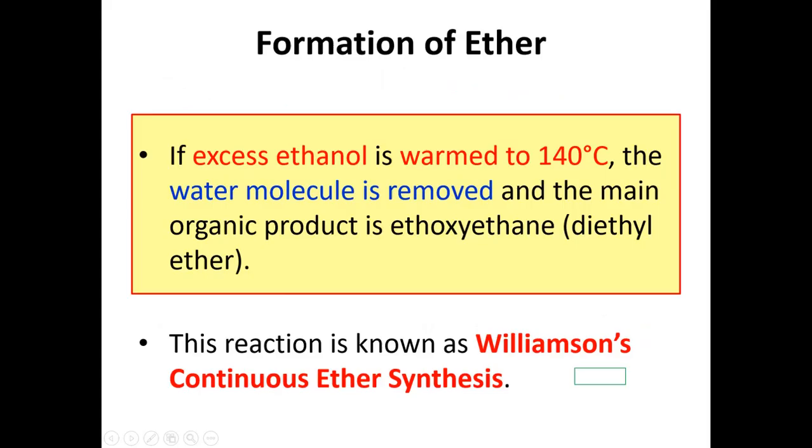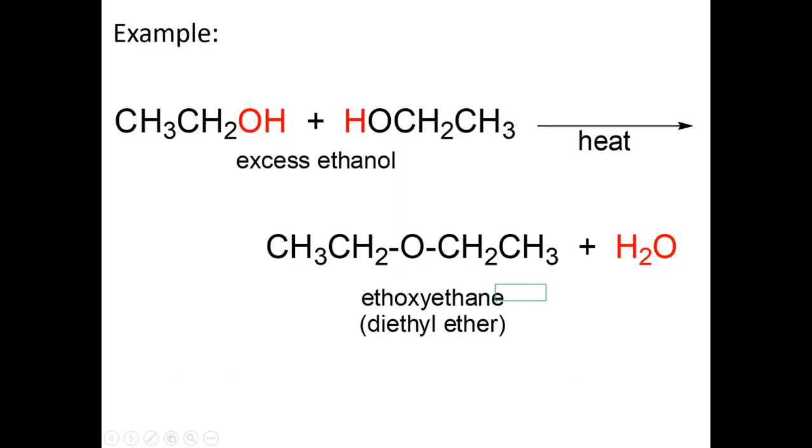Okay, formation of ether. If excess ethanol is warmed to 150 degrees C, the water molecule is removed and the main organic product is ethoxyethane, or we call it diethyl ether. The reaction is known as Williamson ether synthesis. Okay, you have here excess ethanol.